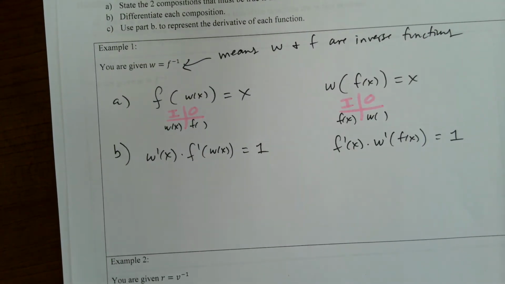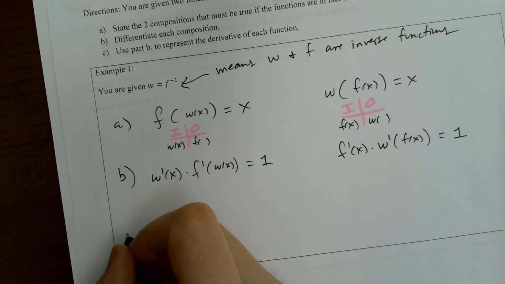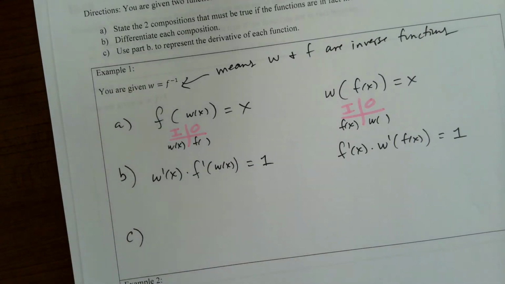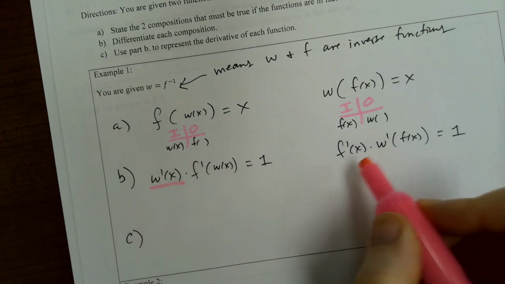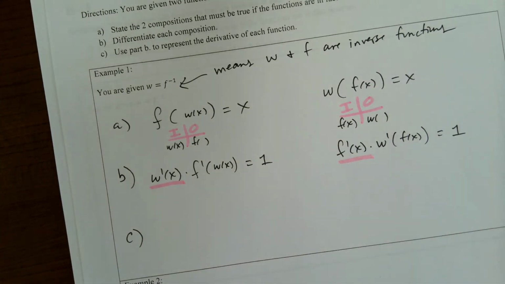Now part C, use part B to represent the derivative of each function. So I want to represent the derivative of W, and I want to represent the derivative of f. So I want to represent W prime and f prime. Well, guys, here we've got W prime, here we've got f prime.